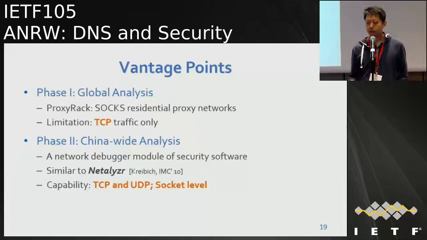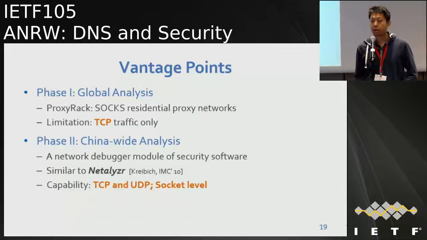The first is Proxy Rack, which is a SOCKS residential proxy network. As a customer, you can buy its services, and it's a peer-to-peer proxy network. You send your request to its gateway, and the gateway will find a peer in its pool and let the peer redirect your request to some other place. So we can leverage a large number of IPs for this measurement study.